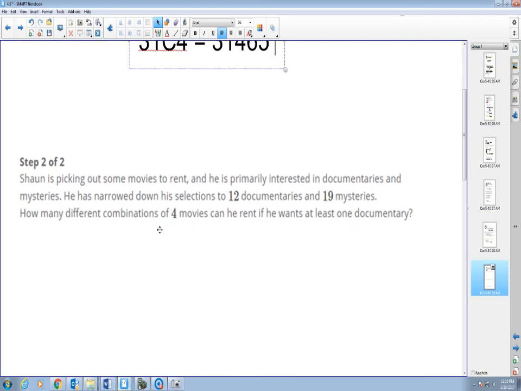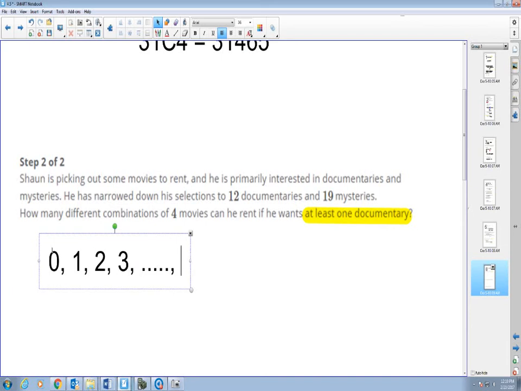So now, same thing, except this time it's saying how many different combinations of 4 movies can he rent if he wants at least 1 documentary. Alright, so that means he can choose 0 documentaries, 1, 2, 3, all the way up to 12 of them.